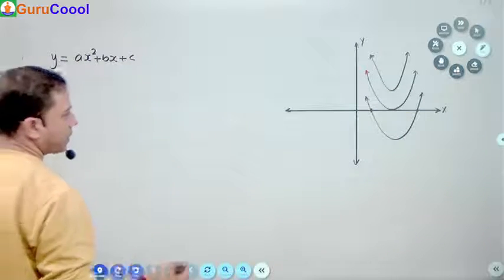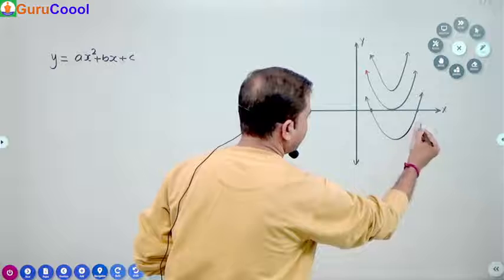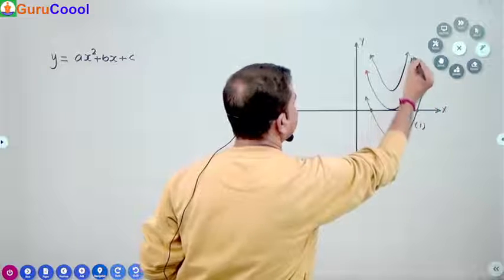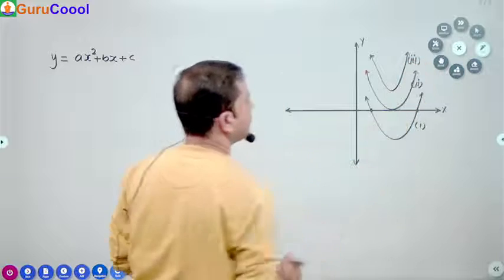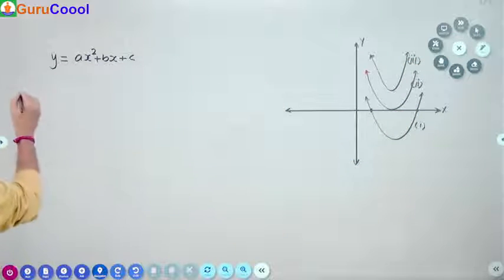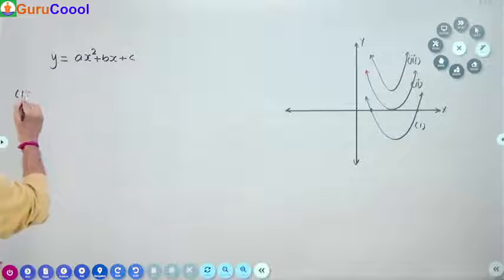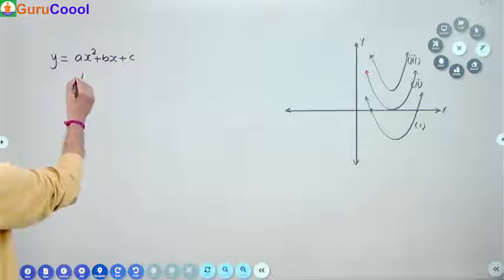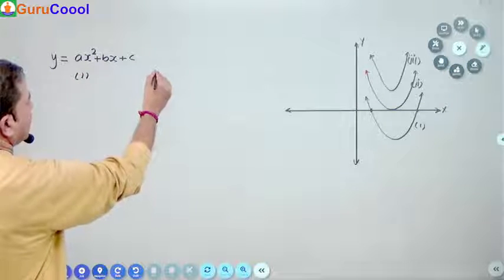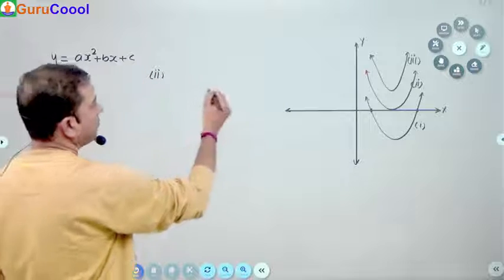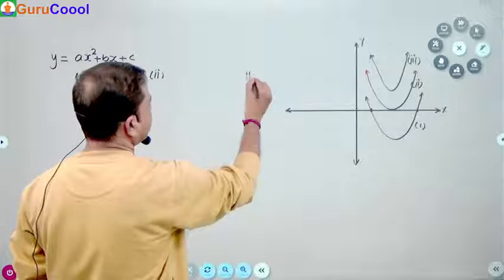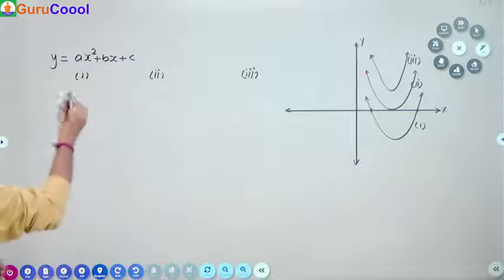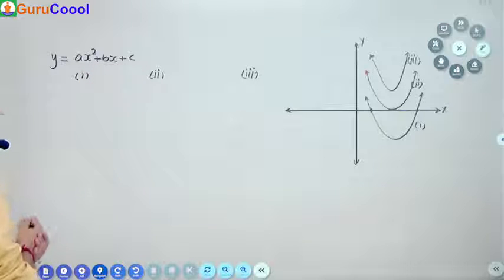So there are three aspects. Let us name them as first, second, and third. So in the first case, let us write all the details in this column. In the first case, you will have two different factors of this parabola.